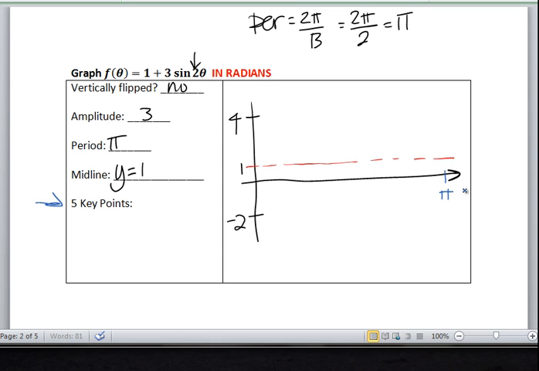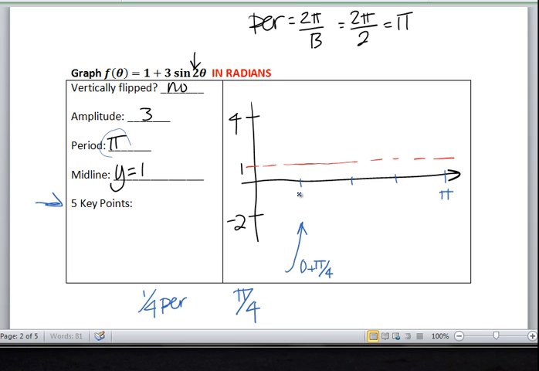So one thing that you can do is you can figure out what a quarter of a period is and add that to your starting point. Here my starting point is 0. So a quarter of a period, so 1/4 of a period, is pi divided by 4. So this point right here is 0 plus pi over 4.